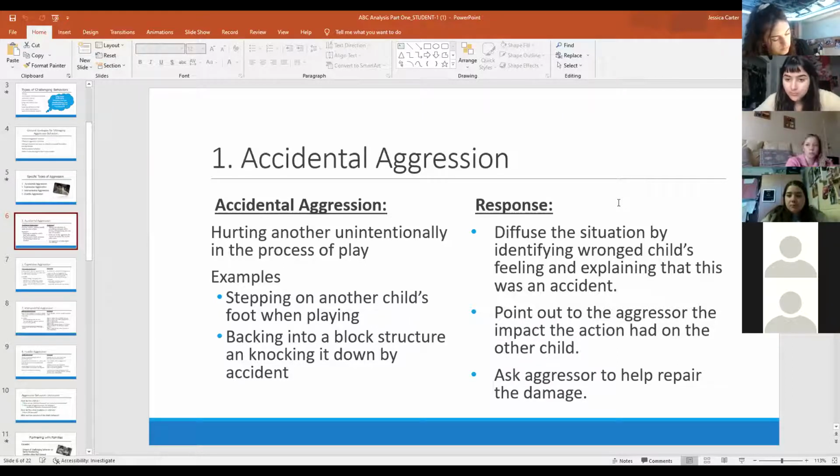And then you explain, I saw what happened. He didn't do it on purpose, but we can still talk about it. I would have children say things like, please be careful of my body, or please watch out for the work that I'm doing in blocks. Something to help them feel validated and like they have a voice in the situation, even though it was an accident.